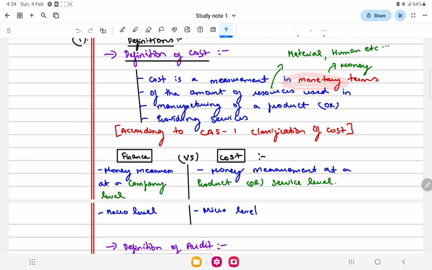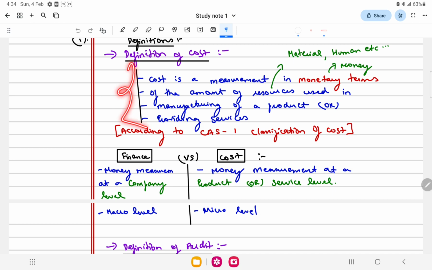Monetary means money. So cost is a measurement in money of what? Of the amount of resources used. Resources refers to material, human labor, etc. Used in what? Manufacturing of a product or providing of services.